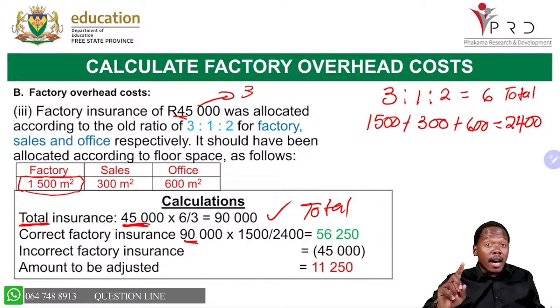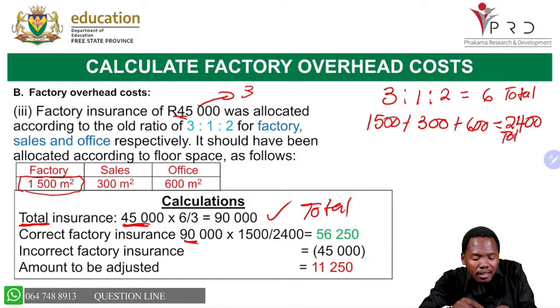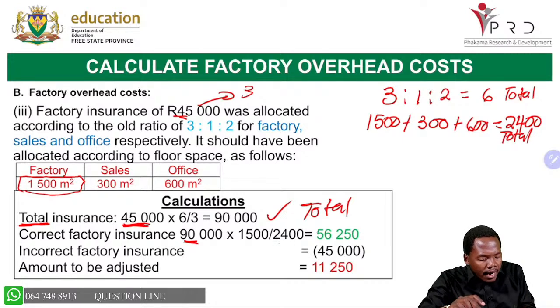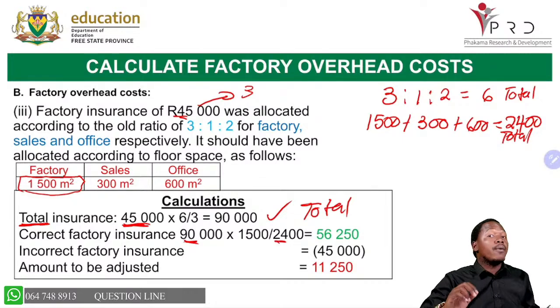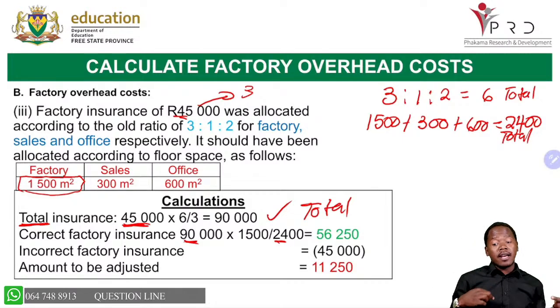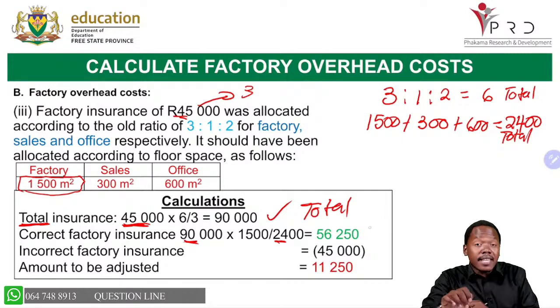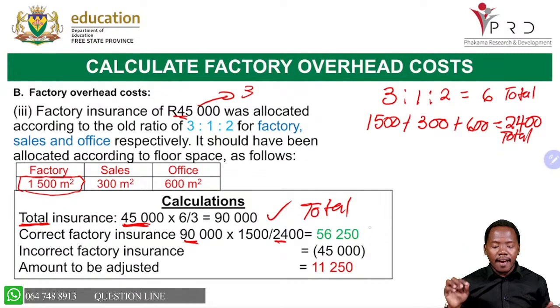Okay, now 2,400 becomes our total square meters or total ratio for these square meters. Now we divide by 2,400. Why are we dividing by 2,400? Because 2,400 represents the 90,000. Okay, now we get 56,250.